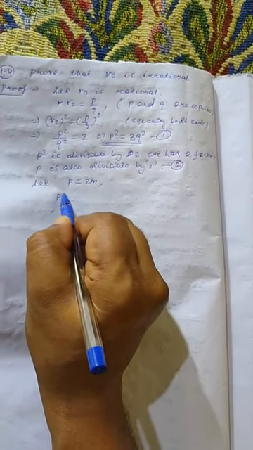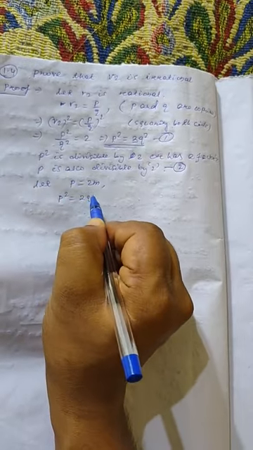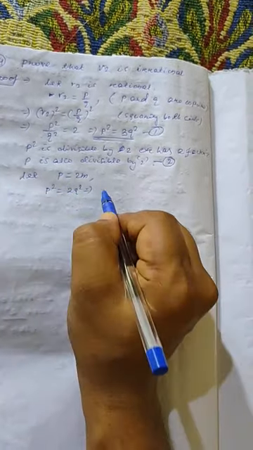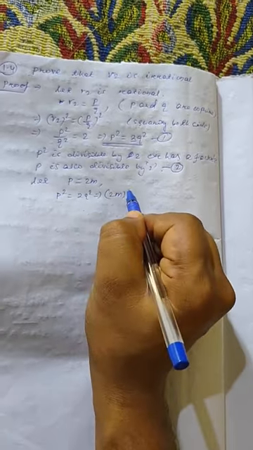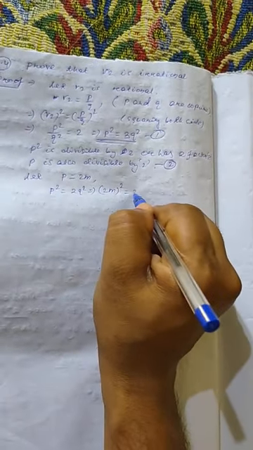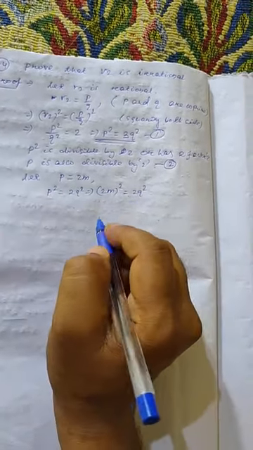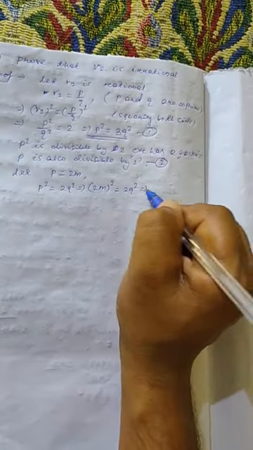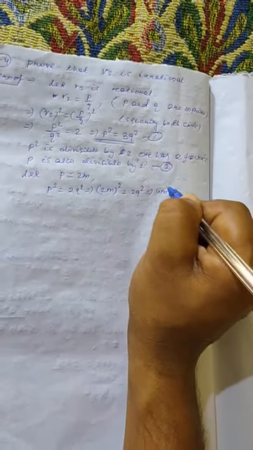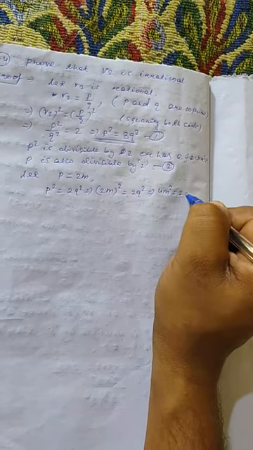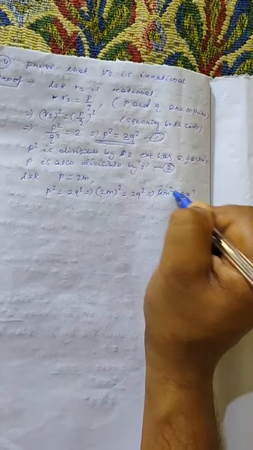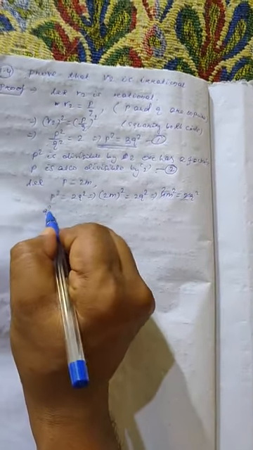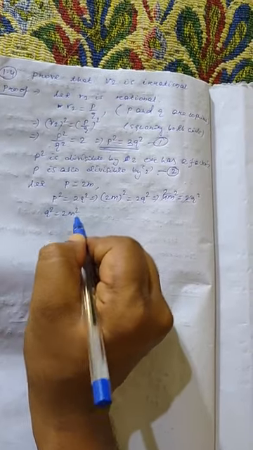In place of p we put 2m: (2m) squared is equal to 2q squared. That implies 4m squared is equal to 2q squared, so q squared is equal to 2m squared.